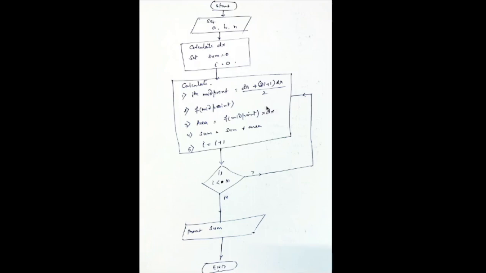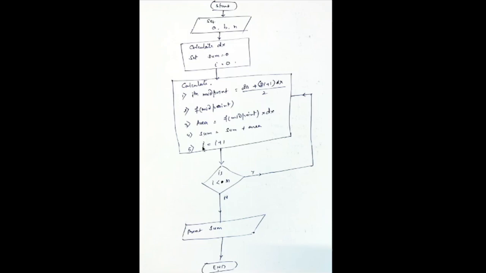Then sum is equal to sum plus area: whatever has been added so far in your sum, you add the area of the next strip and assign it back to the sum.